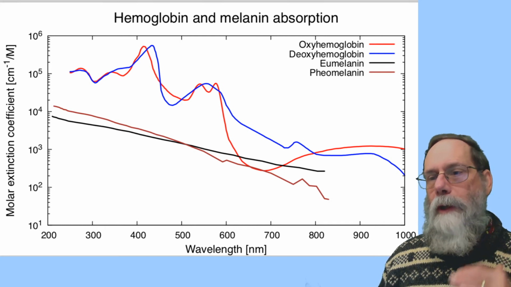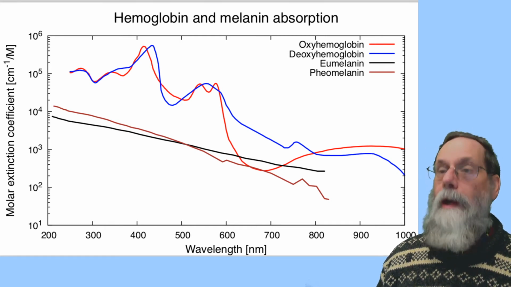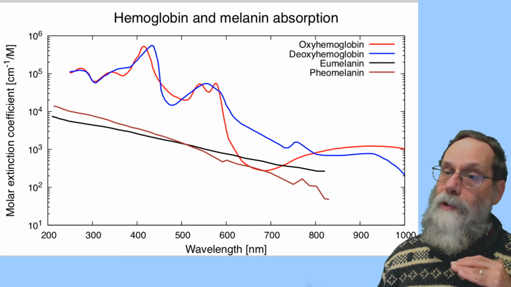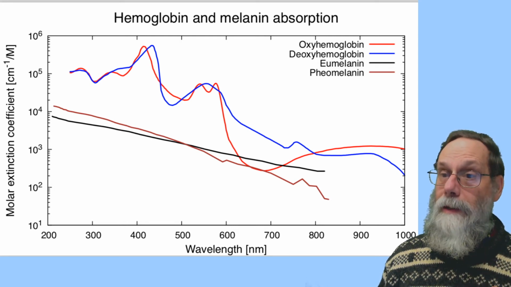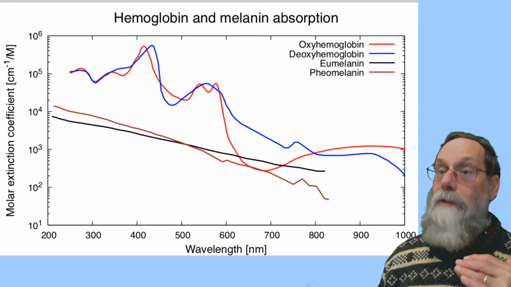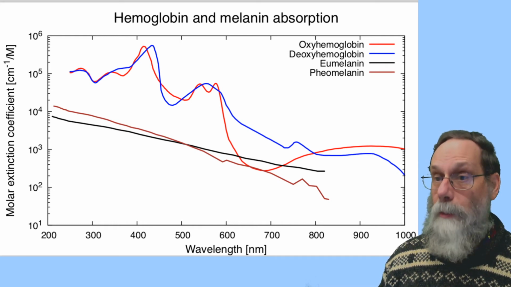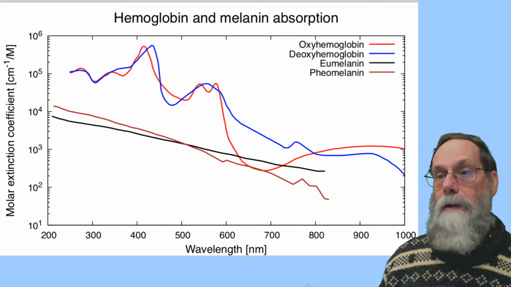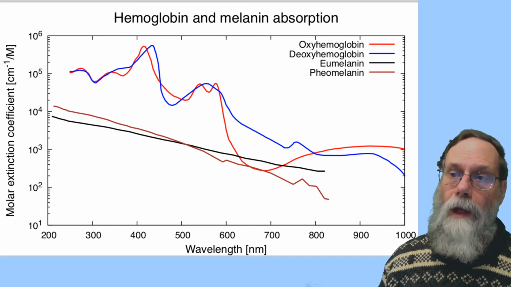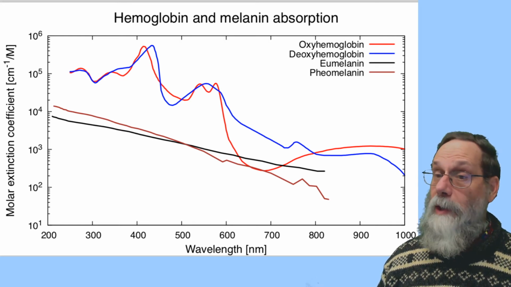And so by looking at only the fluctuating part, you can get just the part that's due to the blood, and that then gives you just the hemoglobin, because that's essentially all that, at these wavelengths, is absorbing the light. So that turns out to be a very useful trick.